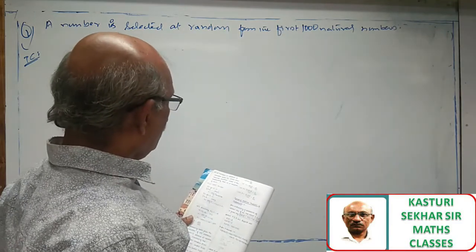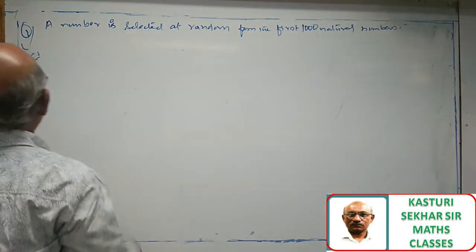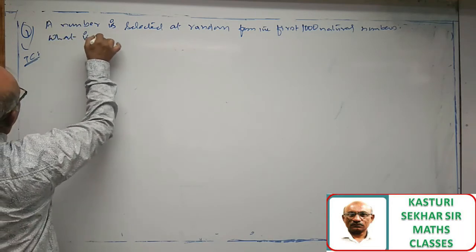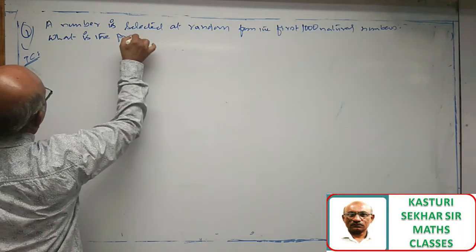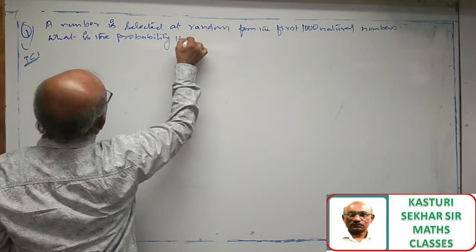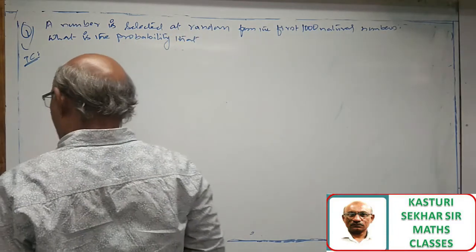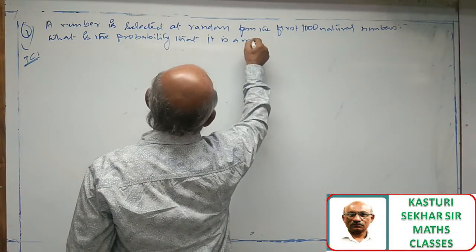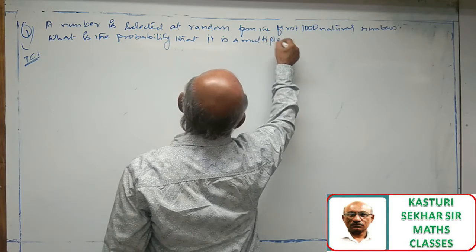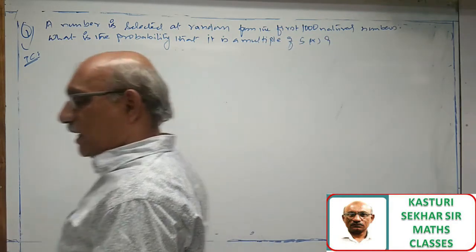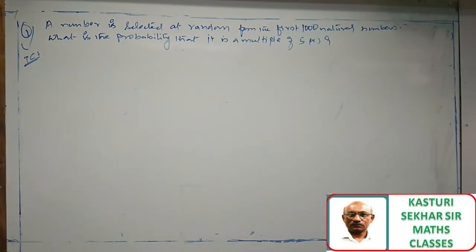What is the probability that it is a multiple of 5 or 9?